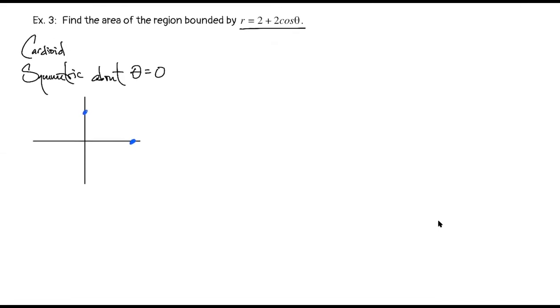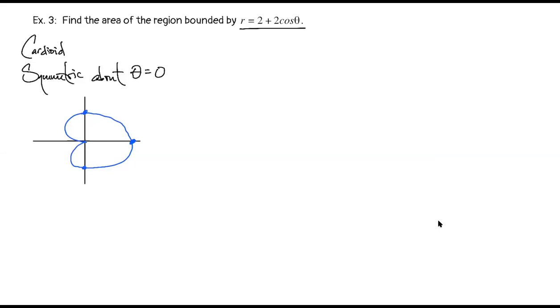I seem to have angered the technology gods, sorry. Okay, and then we end up with something kind of like this. Not differentiable there. All right, so we've got this. Not differentiable at the cusp.